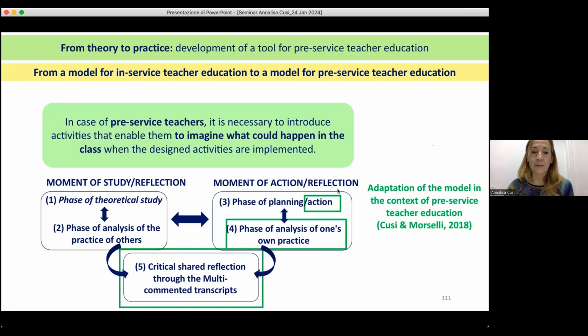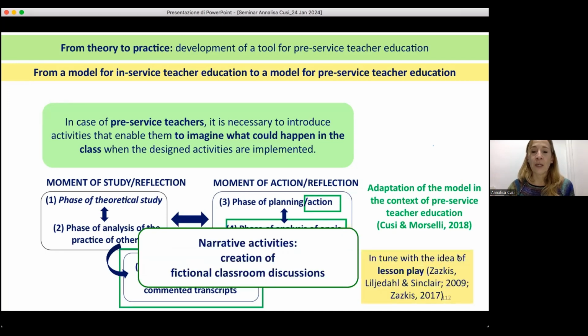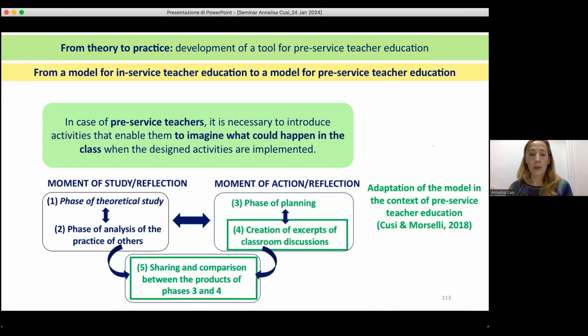So the phase of action and the phase of analysis of one's own practice, the analysis of data of actions from the teacher, have to be substituted. And we substituted these phases with narrative activities, consisting in the creation of fictional classroom discussions in tune with the idea of lesson play. So phase 3 is only a phase of planning when, for example, they design tasks for students.